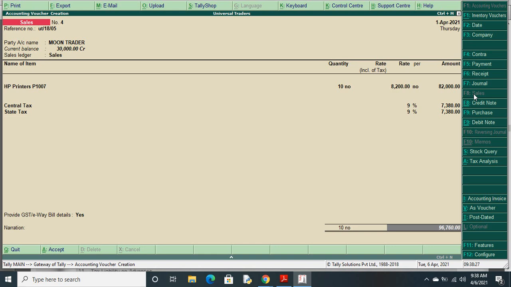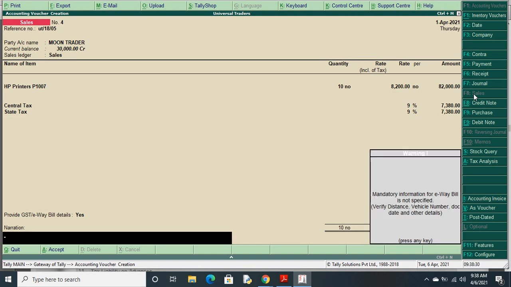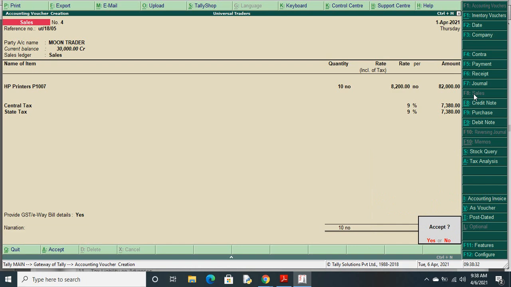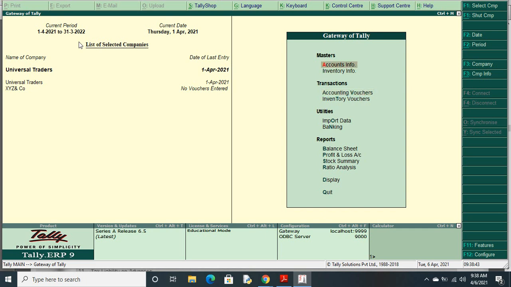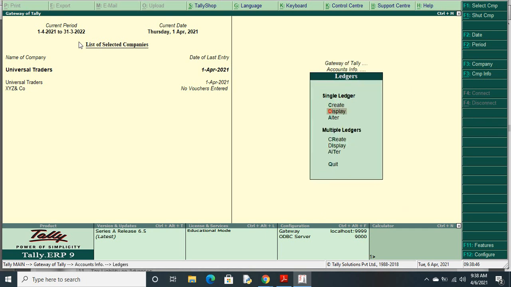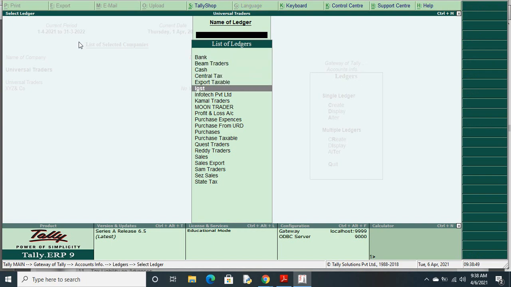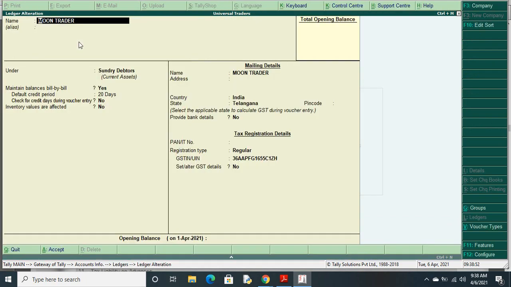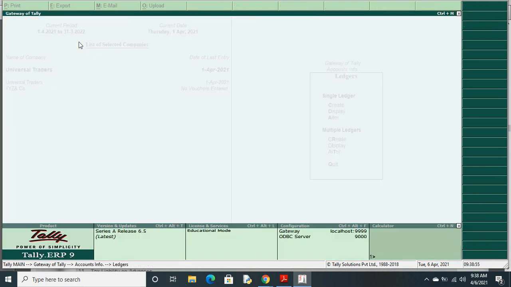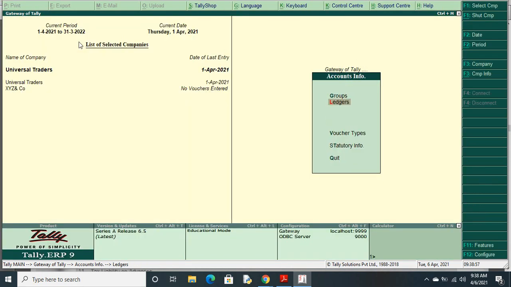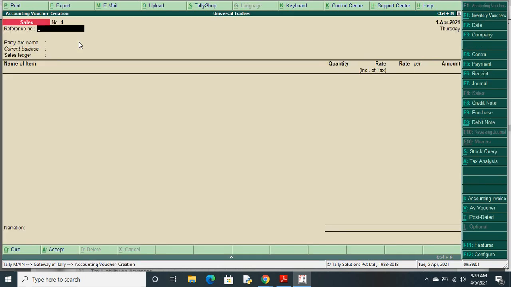Now we have received advance, so you have to deduct that advance also. Then why isn't it coming? We are doing some mistakes. Didn't understand why I am doing it. Moon Traders. I mentioned it as yes only, no? So it has to ask the details. Why isn't it asked? Accounting voucher, sales, UT by, what is that invoice number?